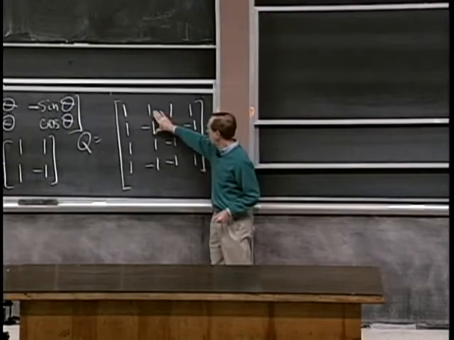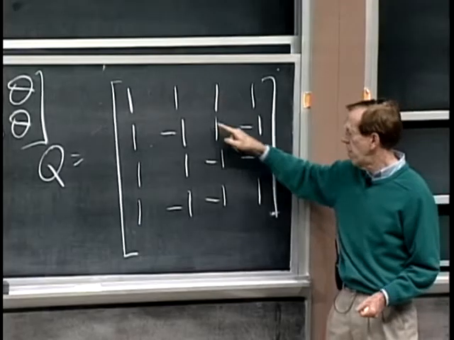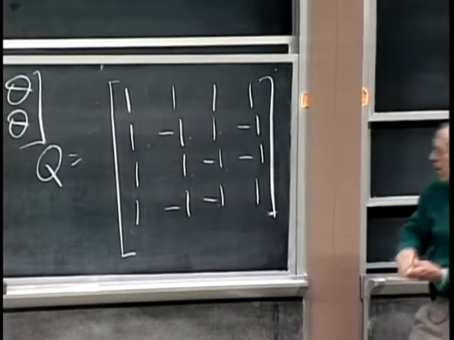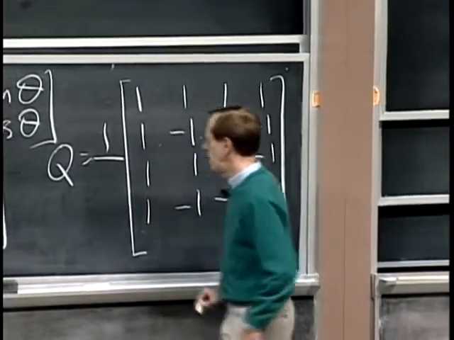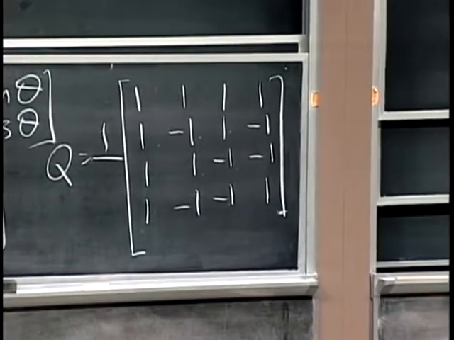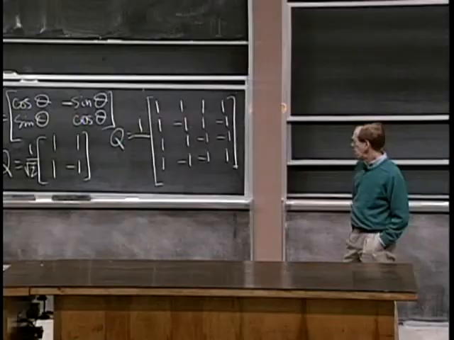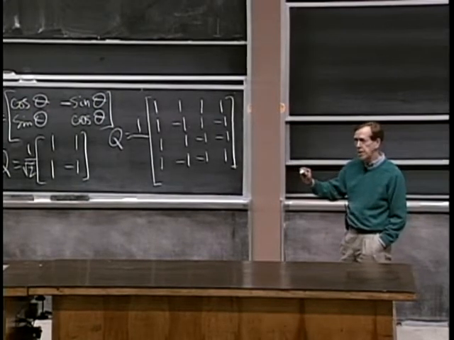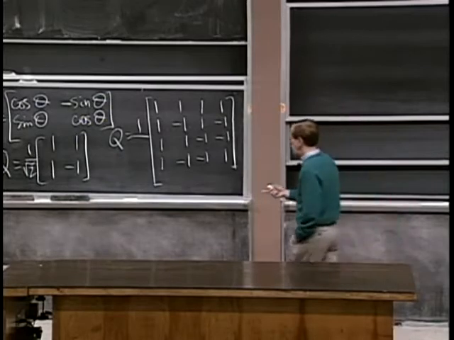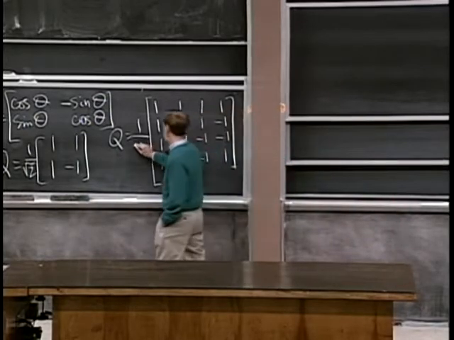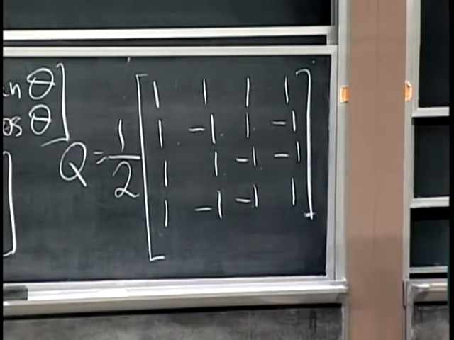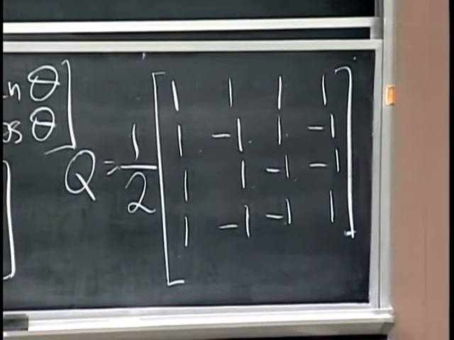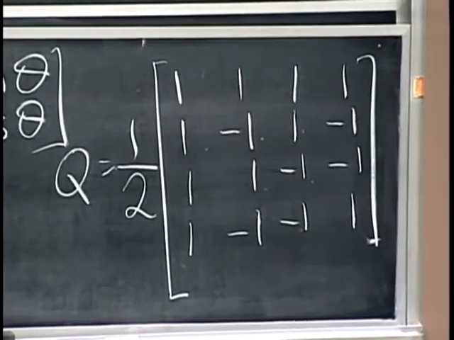That's good. When I take the inner product of that with that, I have a plus and a minus and a plus. Good. I think it all works out. And what do I have to divide by now to make those into unit vectors? Right now, the vector 1, 1, 1, 1 has length 2, square root of 4. So I have to divide by 2 to make it a unit vector. So there's another. That's my entire array of simple examples.